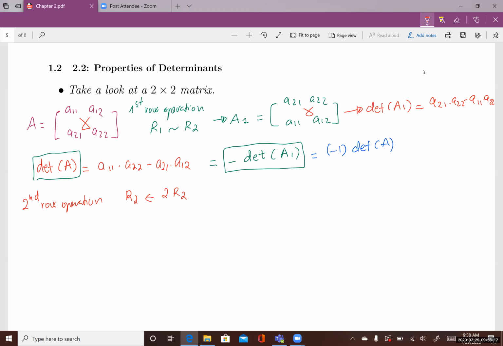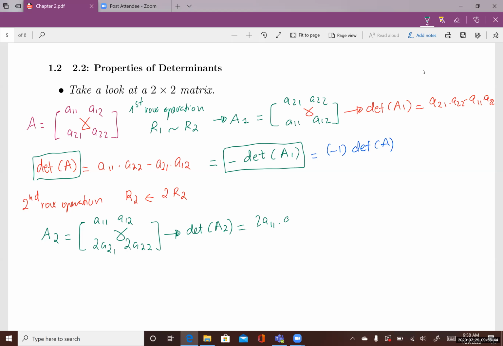Okay, so if I do this, then my new matrix, I call this A2, equals A11, A12, 2A21, and 2A22.